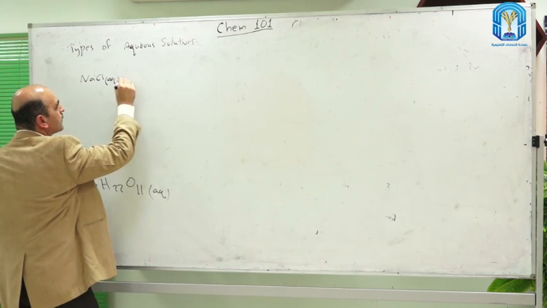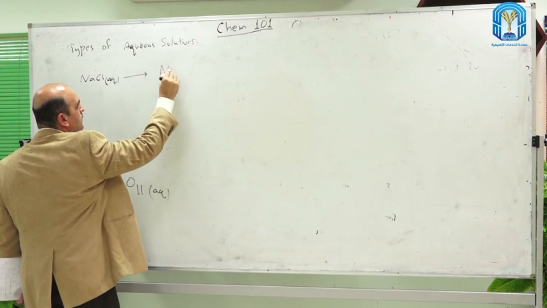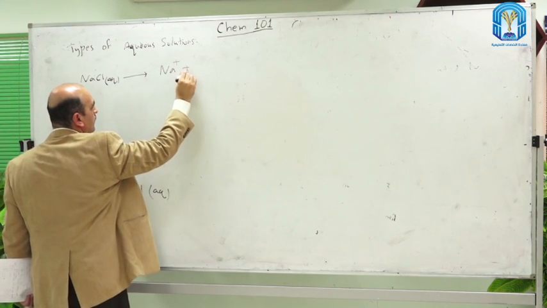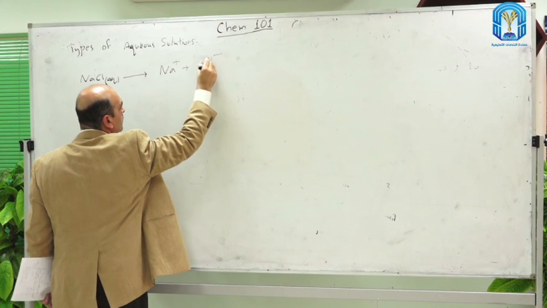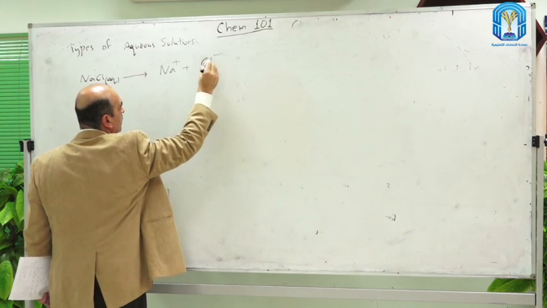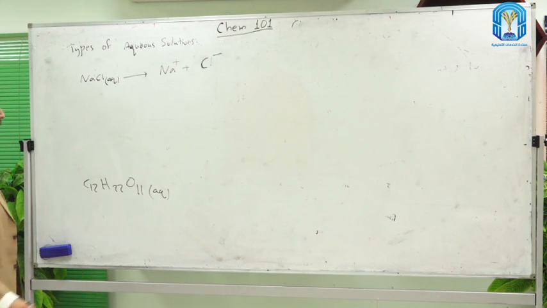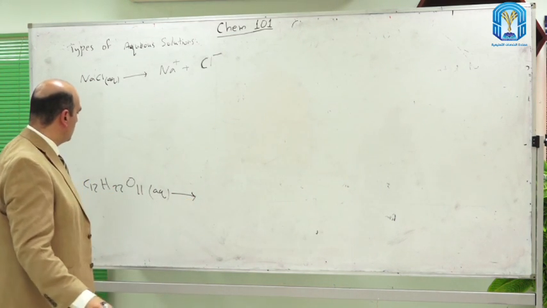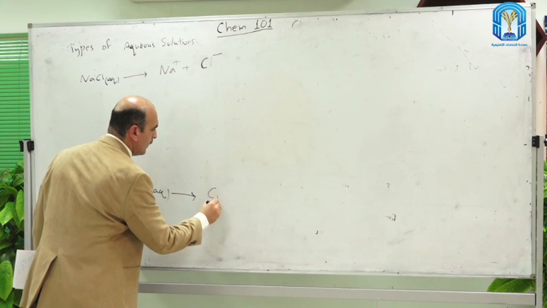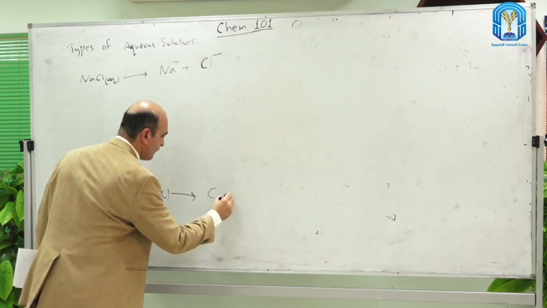The first solution yields sodium ion plus Cl minus, chloride ion, and the other solution in water will stay as it is, dissolved in water, but intact.